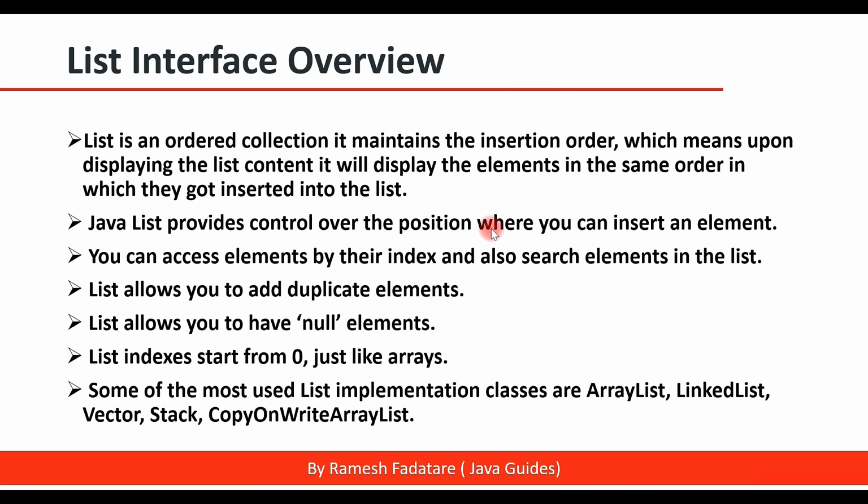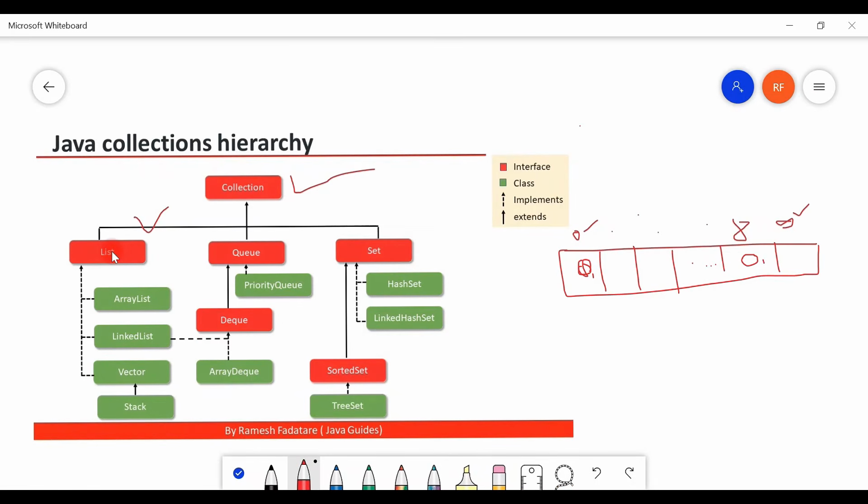So list has indexes, so we can access elements from the list by using their index, and list allows you to add duplicate elements, and also allows you to have null elements. Some of the most popular list implementation classes are ArrayList, LinkedList, Vector, Stack, and CopyOnWriteArrayList. The List interface extends the Collection interface, and it has common implementation classes like ArrayList, LinkedList, Vector and Stack.